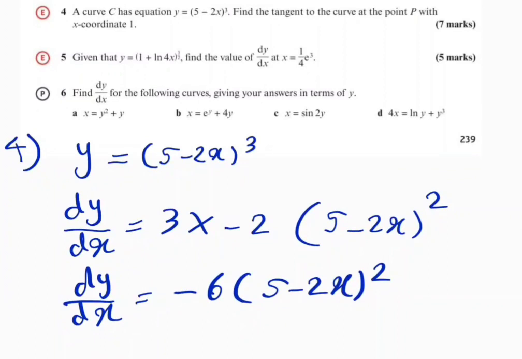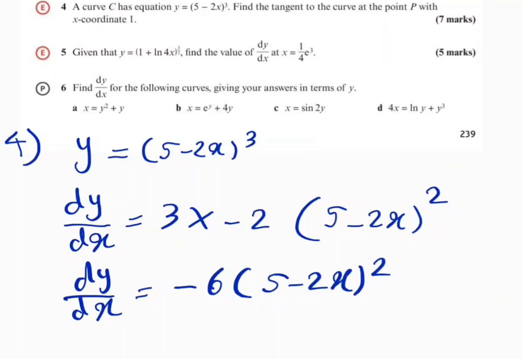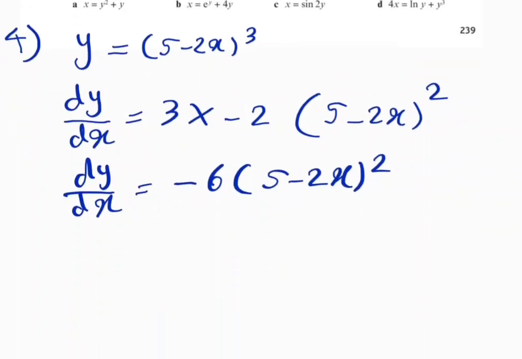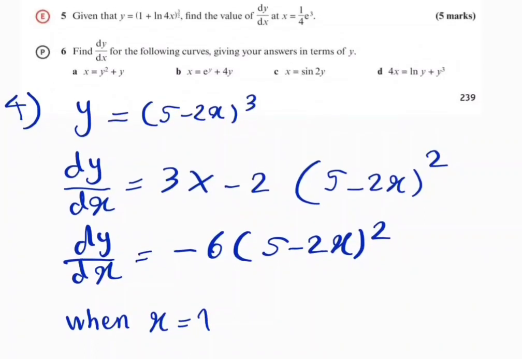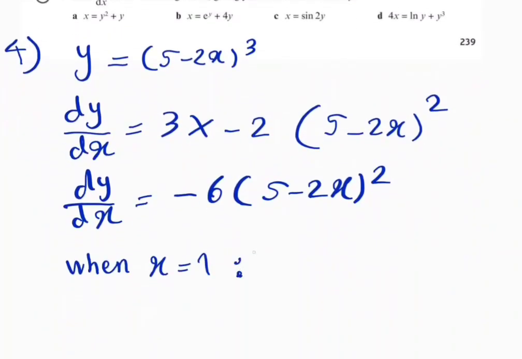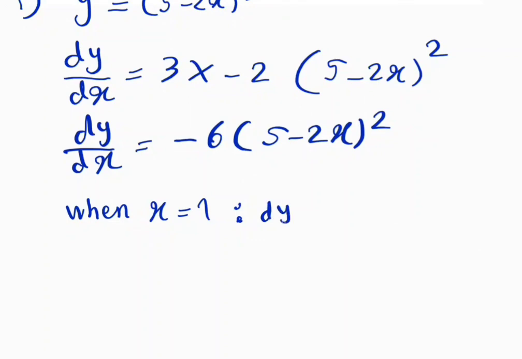And now we want to know the gradient at point P, which has the x coordinate 1. So we just need to substitute 1 into this, because that's our derivative. So when x is equal to 1, we have dy by dx is equal to minus 6 times 5 minus 2 times 1 squared.